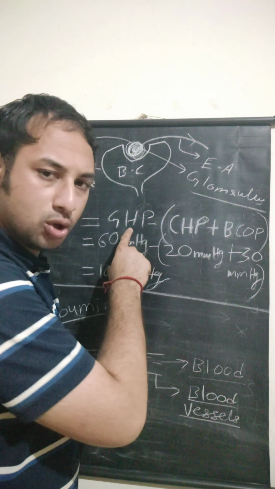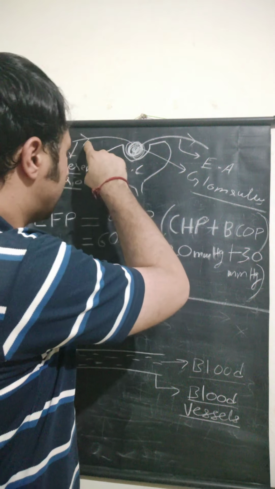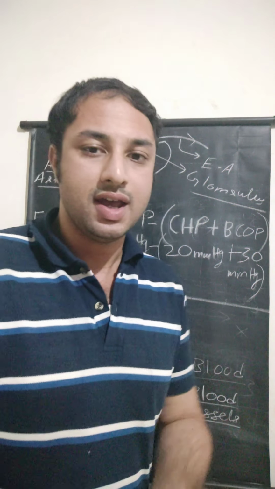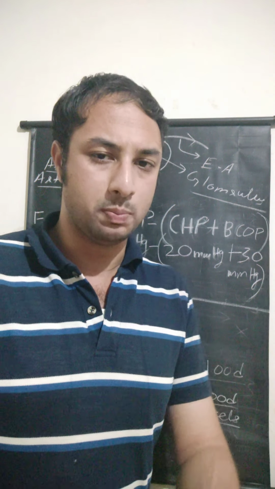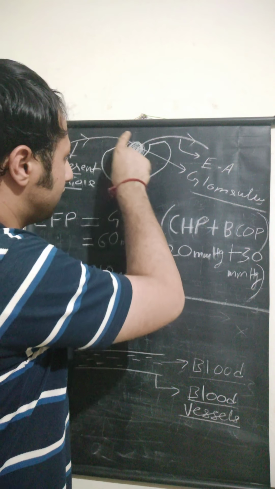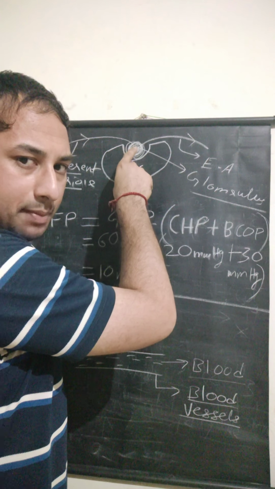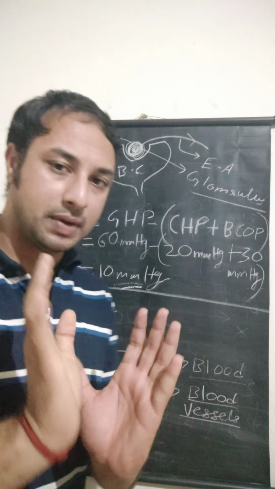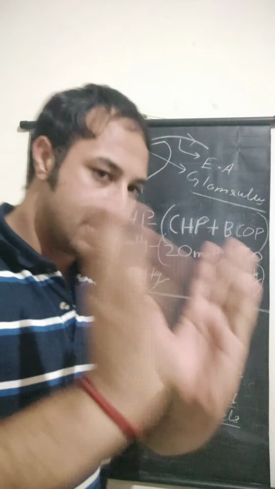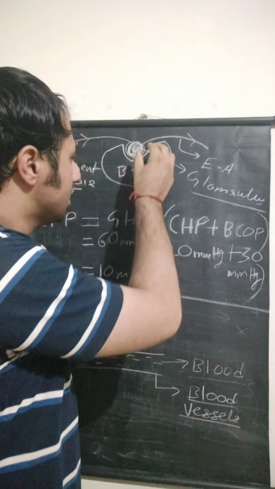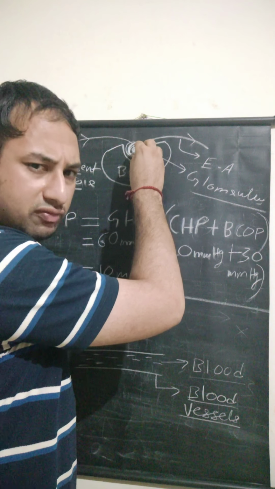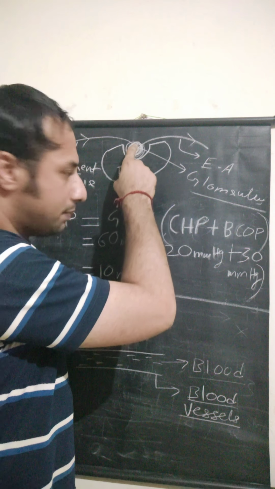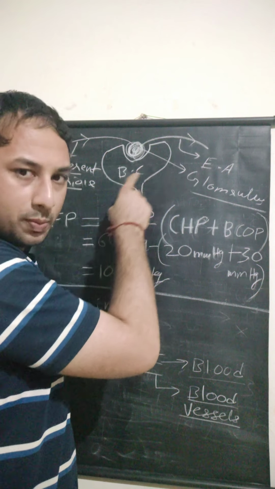So what is the glomerular hydrostatic pressure? You know that the glomerulus is a bunch, or tuft, of blood capillaries. When the blood comes into this bunch of blood capillaries, due to the blood pressure, the blood applies pressure on the wall of the blood capillary. Because of that high blood pressure, a small quantity of the blood comes out from the blood capillary into the lumen of the Bowman capsule.